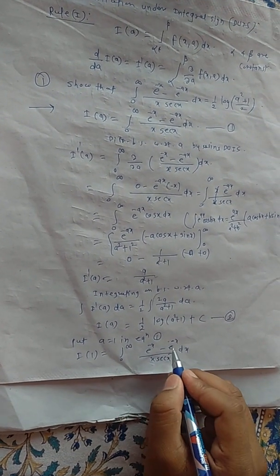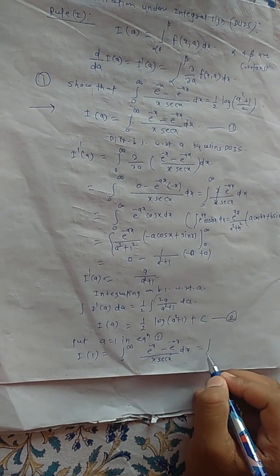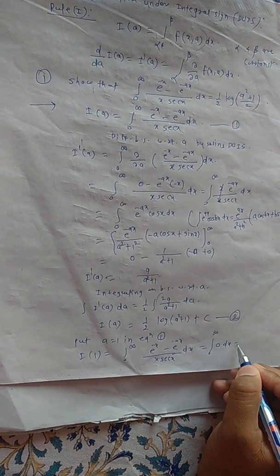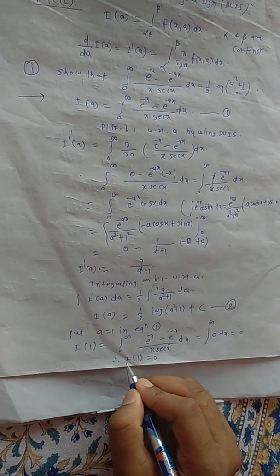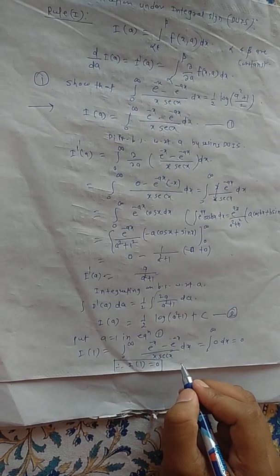E raised to minus x and e raised to minus x get cancelled, so integration of 0 to infinity 0 dx, which will be equal to 0. So therefore I of 1 is 0.